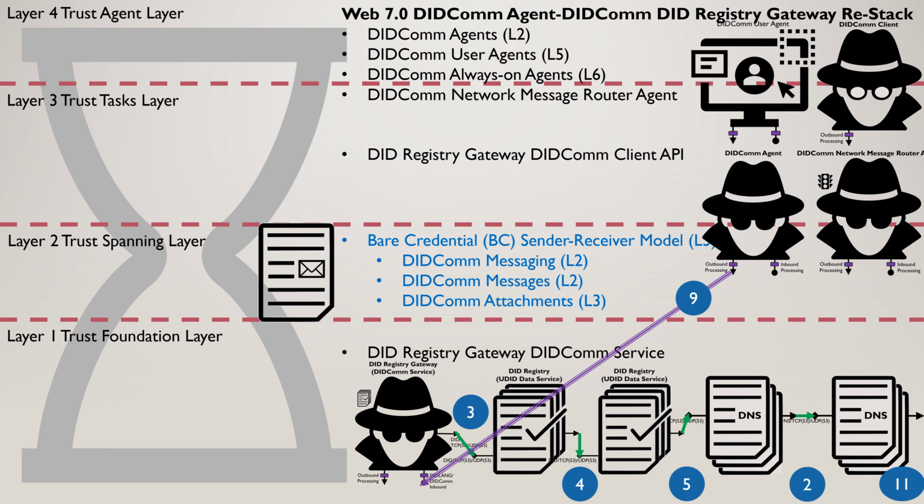And if it isn't able to resolve it, for example, maybe it's not a DID, maybe it's actually a DNS domain name that needs to be resolved, that'll be passed over connection 5 to perhaps a local DNS server, DNS number 1. And if it's not resolvable, then it might be forwarded to a DNS server out on the internet. And so on. So that's connections number 2 and number 11.